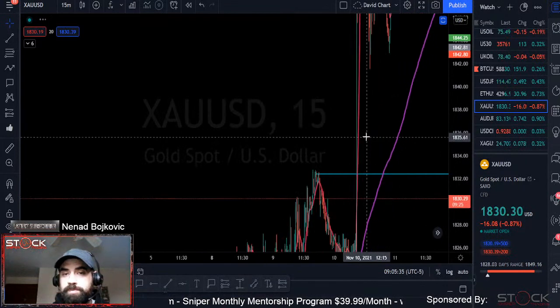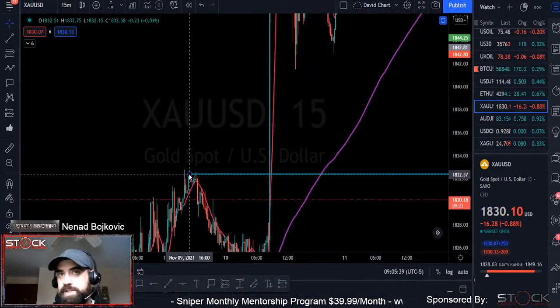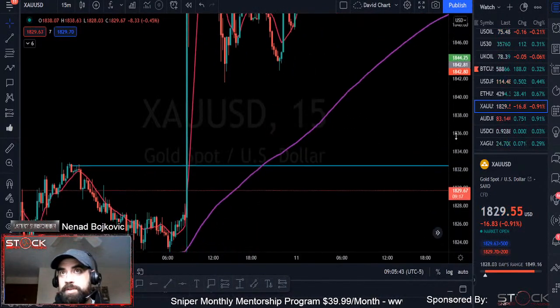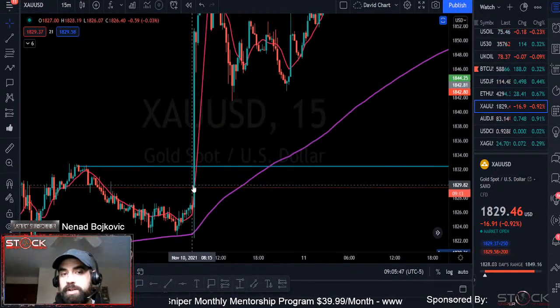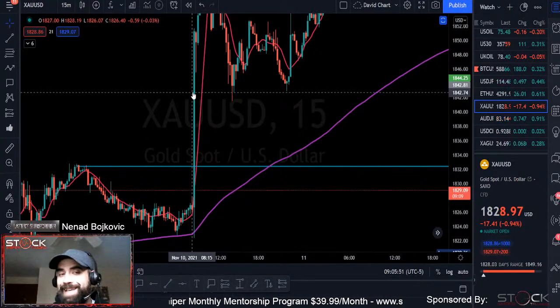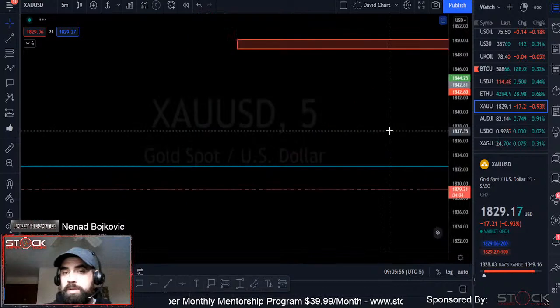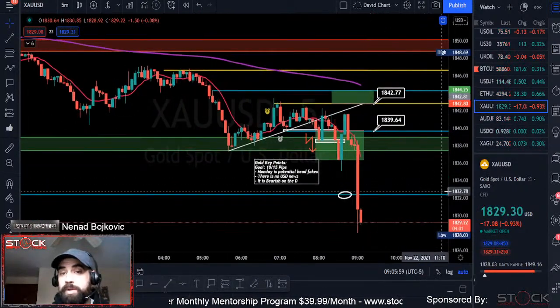Okay, this was the target. Remember we had it drawn. It was the previous resistance. Okay, previous resistance. We just filled this massive bullish candlestick right here. Okay, and why? Because the momentum on the daily time frame was bearish. And we're continuing.